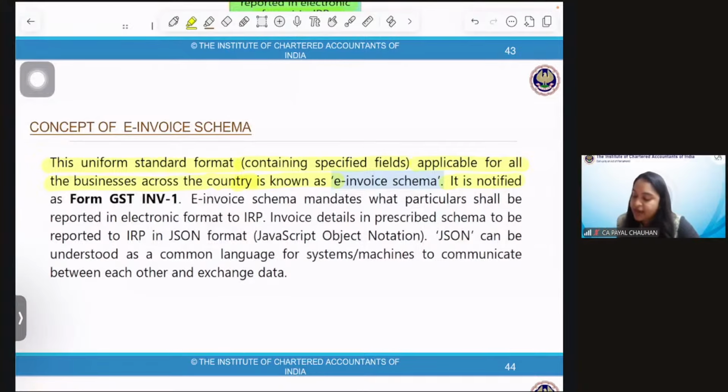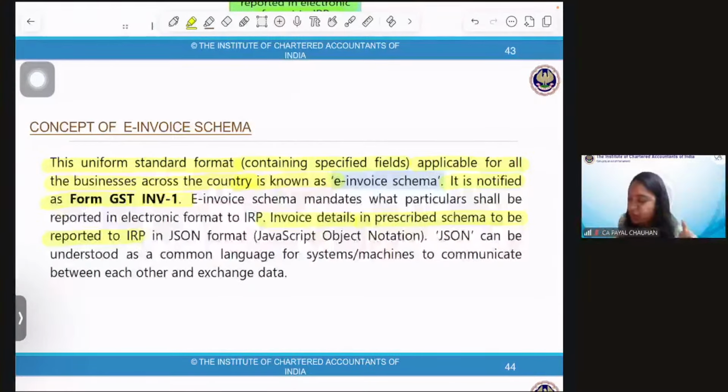It is notified as Form GST INV1. The e-invoice schema mandates that invoice details in the prescribed schema be reported to IRP in electronic format.